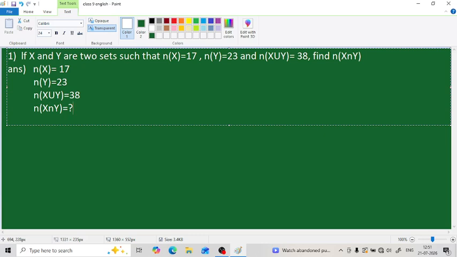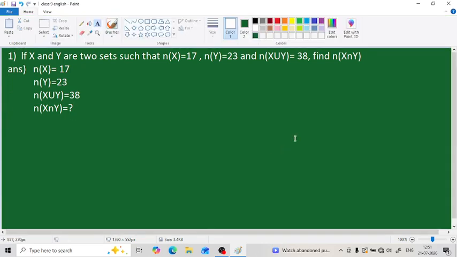Okay, so this is the first step of writing the answer for an exam. This much we have to write for an exam initially. Now we are going to solve, so we have to write the equation. What does our equation mean? n of x union y equals n of x plus n of y minus n of x intersection y.